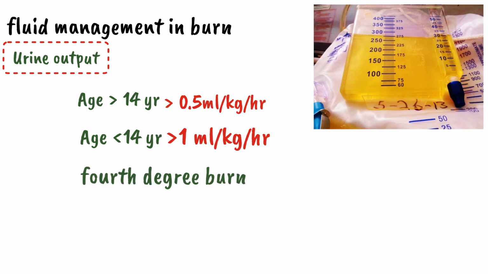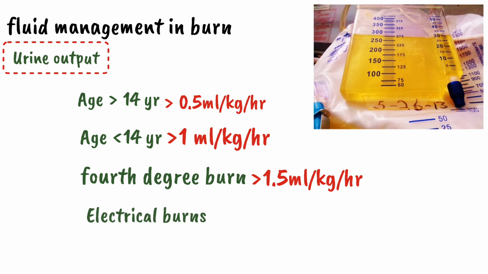If there is a fourth degree burn, the urine output should be 1.5 ml per kg per hour. And if there is an electrical burn, the urine output should be 2 ml per kg per hour. If these values are in accordance with the fluid, we will say that the patient is having active resuscitation. So that was all about the Parkland formula, how fluid should be given in a burn patient for the first 24 hours.